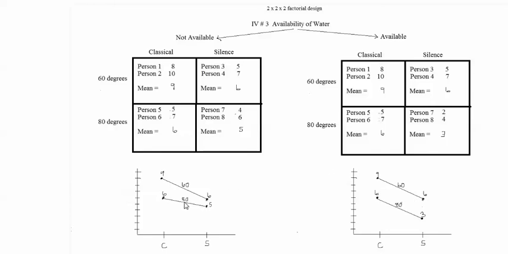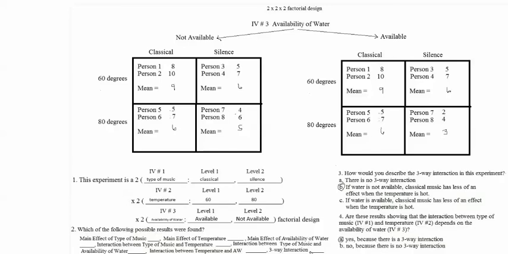And if they had both looked like this over here, then that would have also been no three-way interaction. The fact that they're different from each other is what gives us a three-way interaction. So we're going to check this box right here. So we checked all of these. We found all of them.